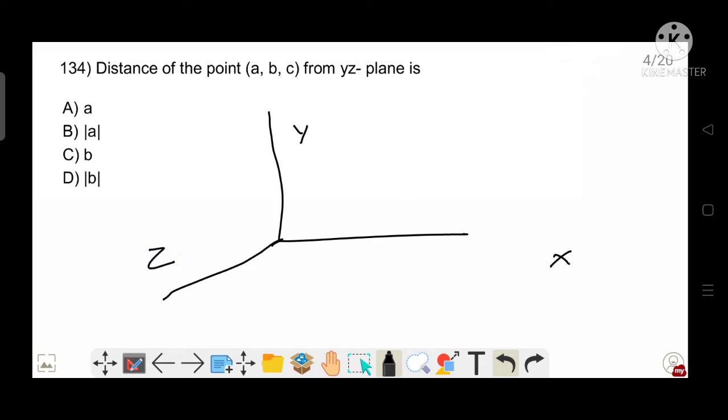Okay, the distance of the point A, B, C from the yz plane. Okay, where will the distance of ABC from the yz plane be?